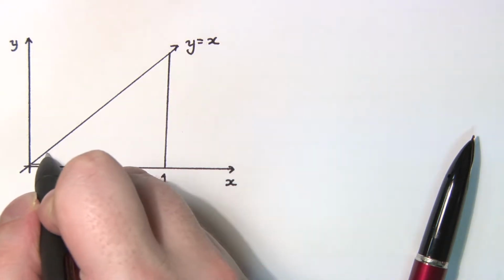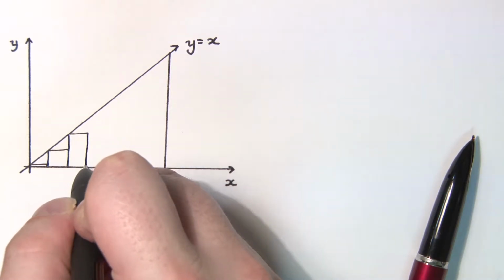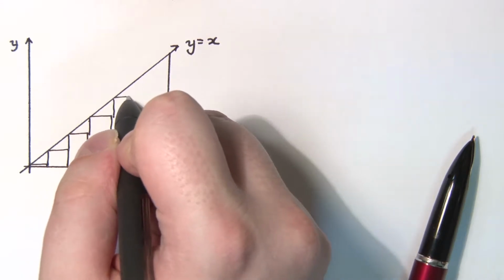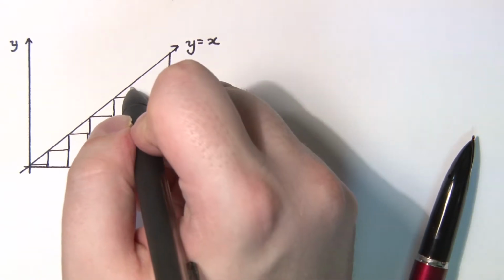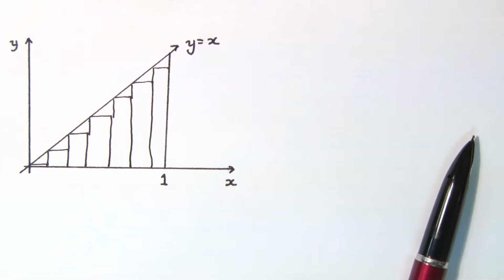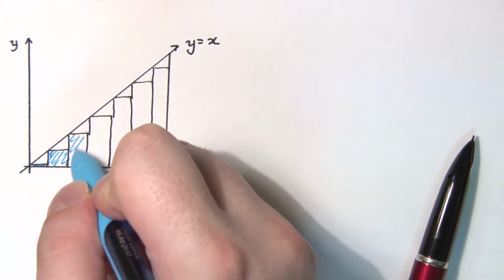So we do this. Okay. So we have this area here. We can calculate the area of these rectangles.